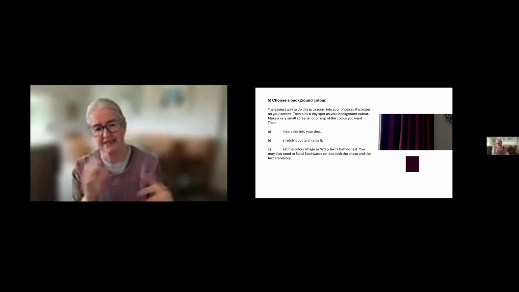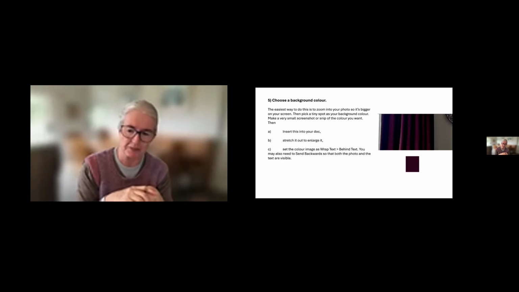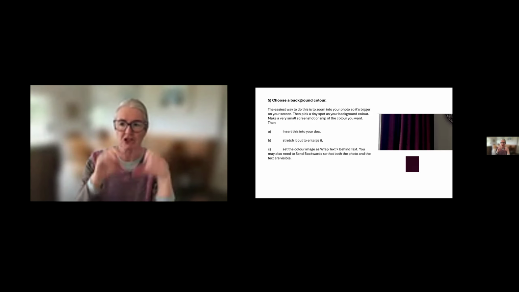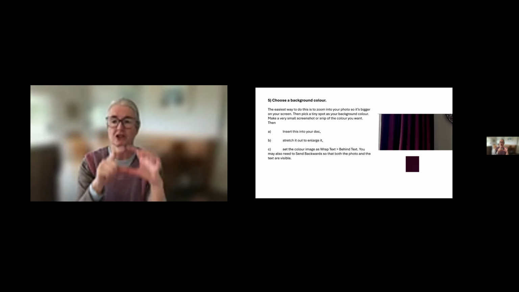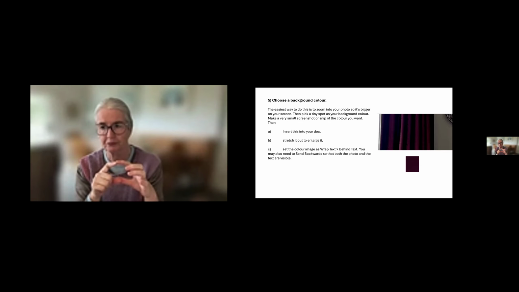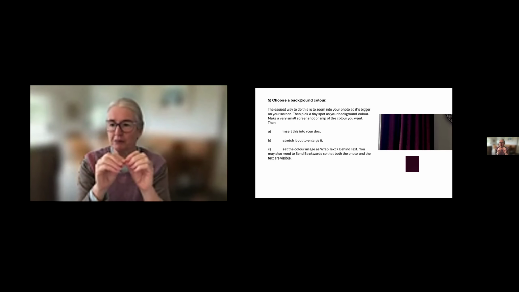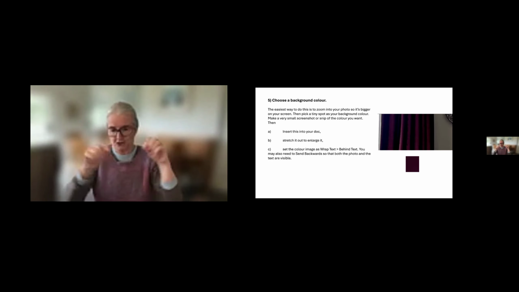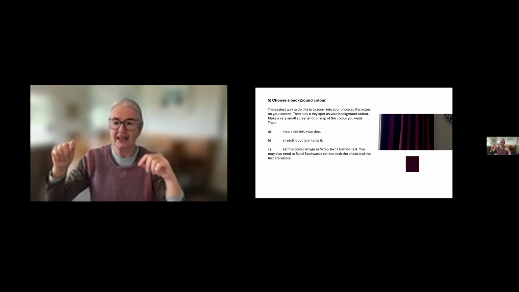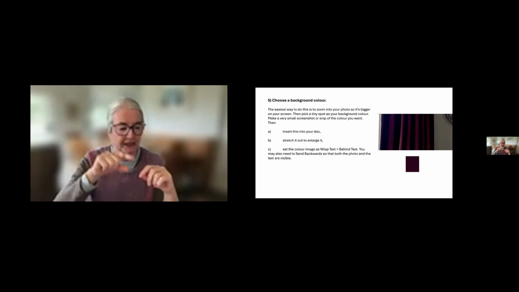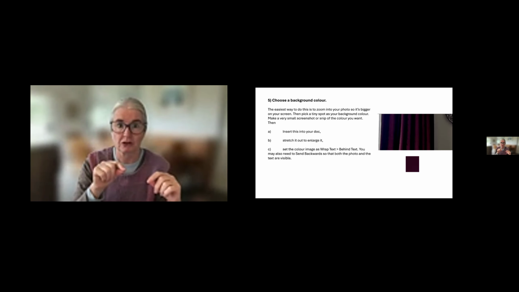There are various ways to create a background color, but really you just want something which is an image, which is pretty much a pure color. And here is the way to go. Blow up your photo. Just zoom out, zoom big, until you can pick one of the colors in the photo.